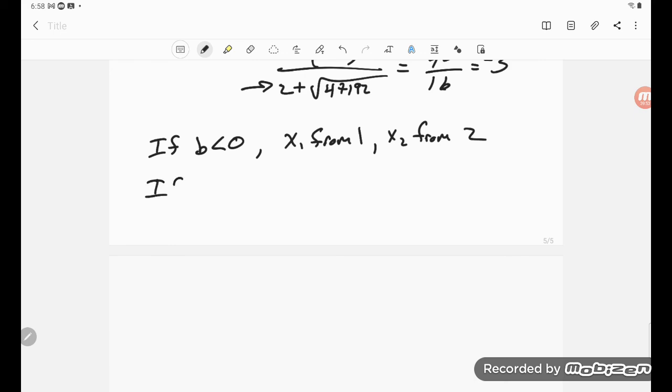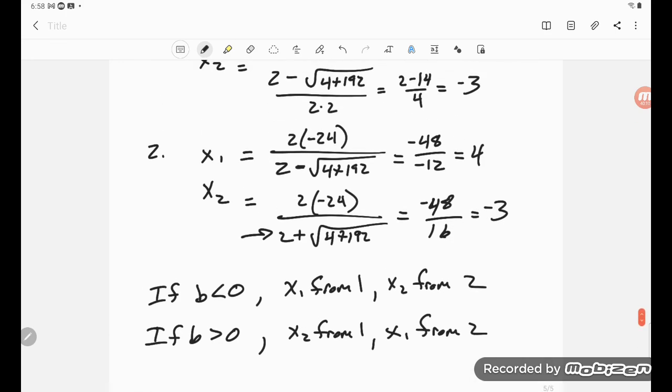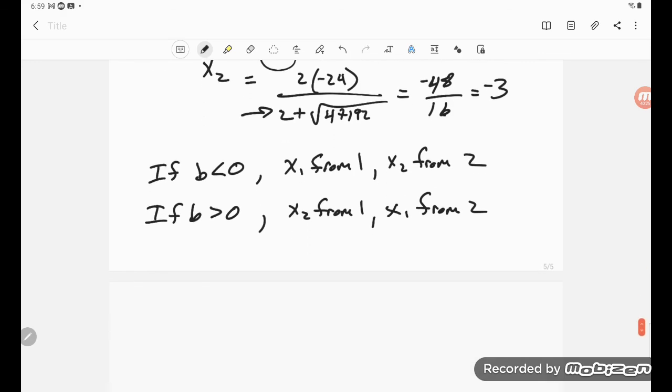And then if b is positive, what we would do is we would calculate x2 from 1 and x1, the other root, from 2. Because if it's positive, then we would actually have a negative number here, and so we get a negative and a minus number, so it'd be kind of like adding, and those would be good things to do.